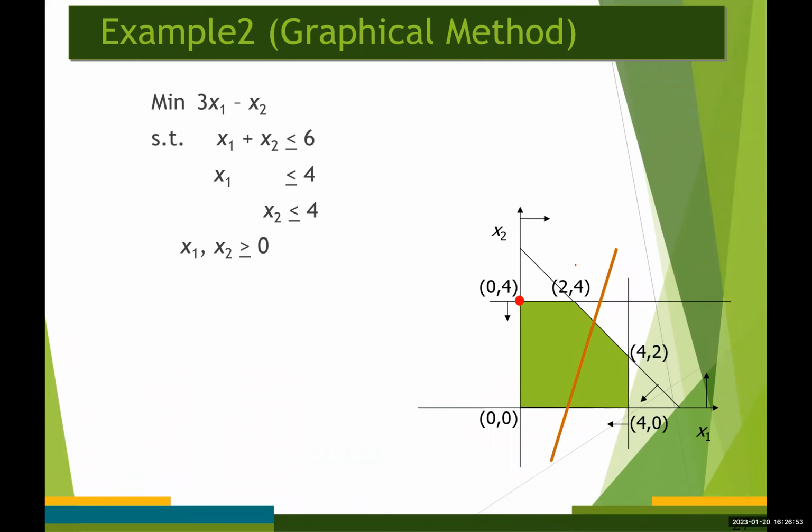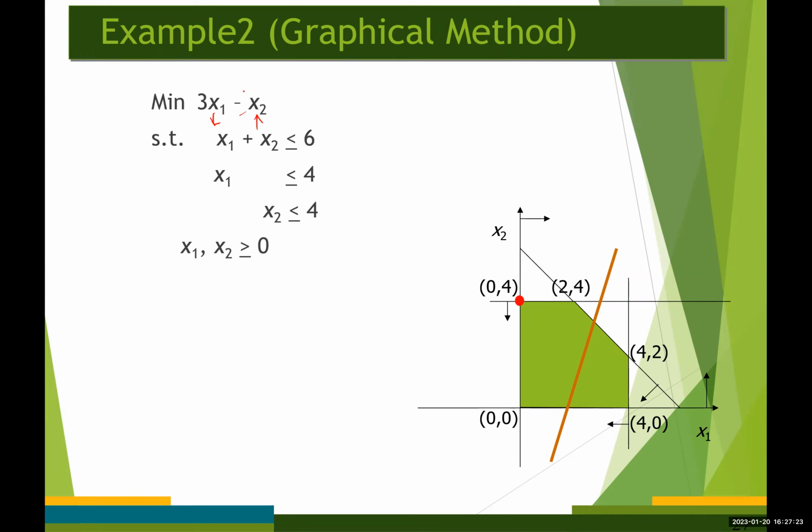But in this case, the ISO value line looks a little bit different, right? So in this case, we need to move this ISO value line in the direction that X1 value will be decreased and X2 value will be increased, right?